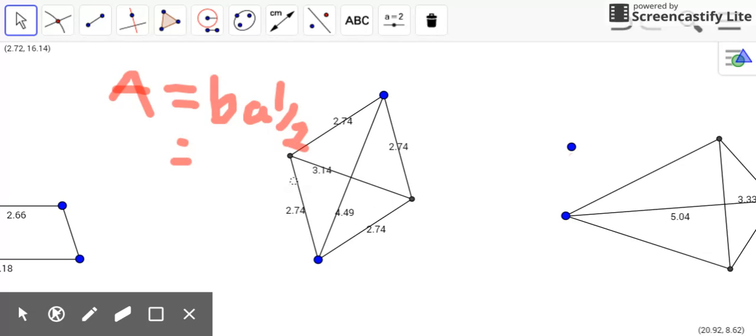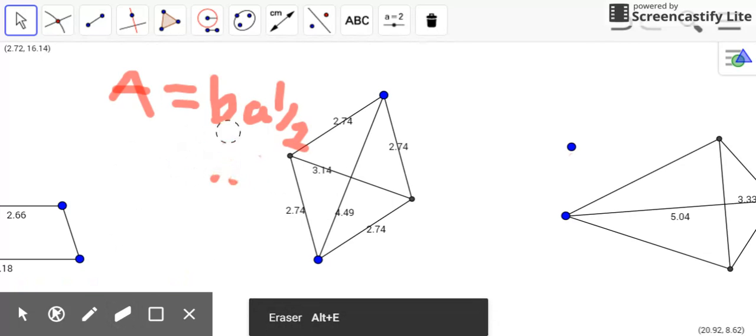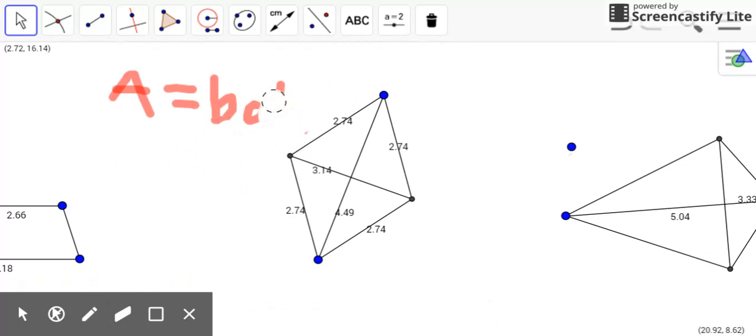This is A, this is B, A and B. So it would be 3.14 times 4.49 times 1/2. And that would give you 7.1. That's how you find it for a kite and a rhombus.